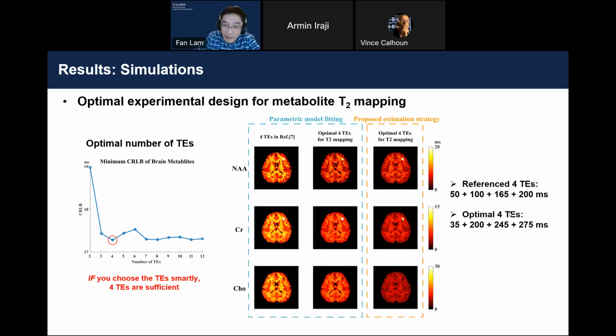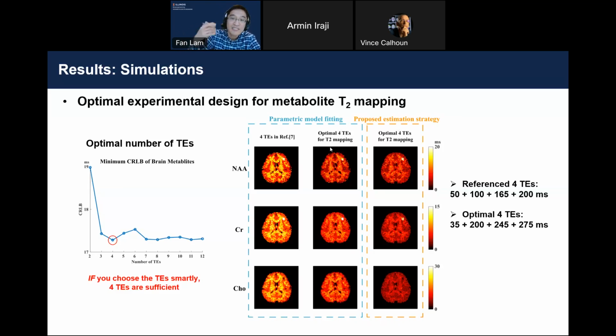So here is some comparison. The 3 columns are results from different TE choices as well as different quantification strategies. The first 2 columns show the results from a standard parametric fitting model, where you use typically 4 TE choices, the more uniform TE choices that people have used, and then the optimal 4 TEs that we identified.